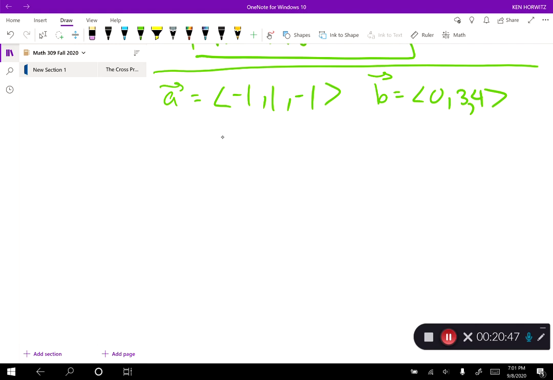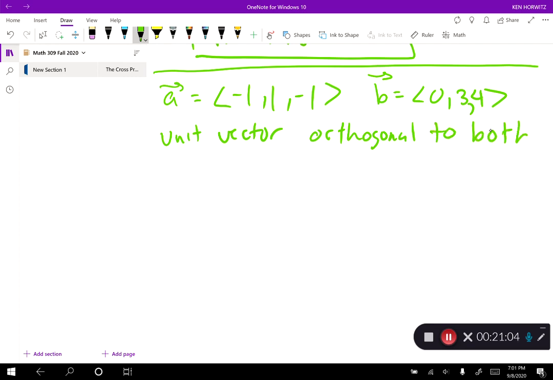I want a unit vector orthogonal to both A and B. All right, so I'm changing the question a little bit.